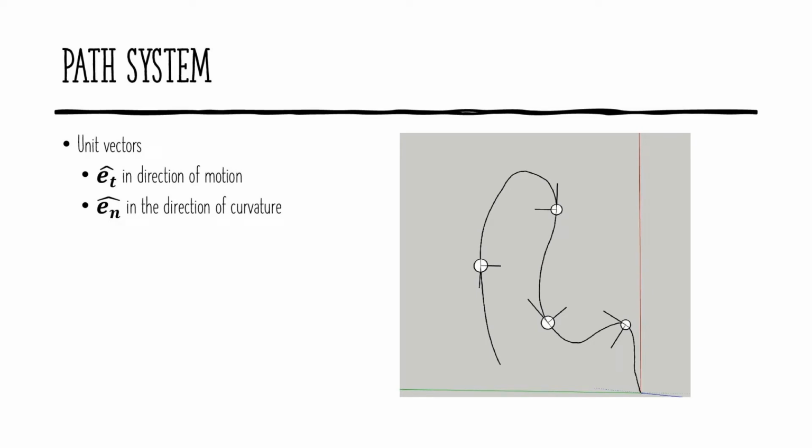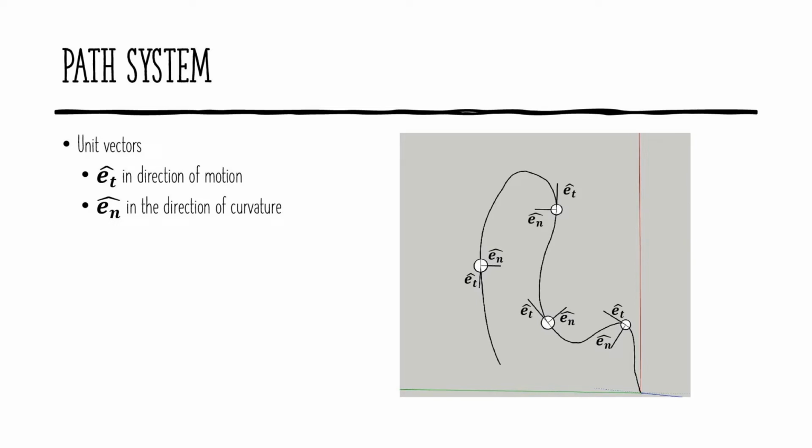In this coordinate system, the unit vectors are et and en. Et is always tangent to the path, and en is always perpendicular to et, or normal to the path. Et points in the direction of motion, and en points toward the center of curvature, or the direction that the path is turning.